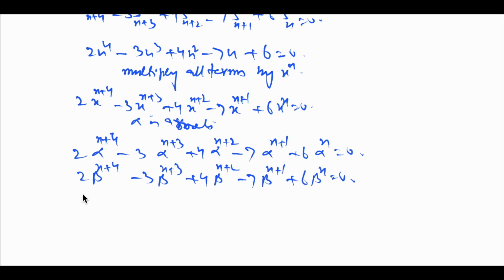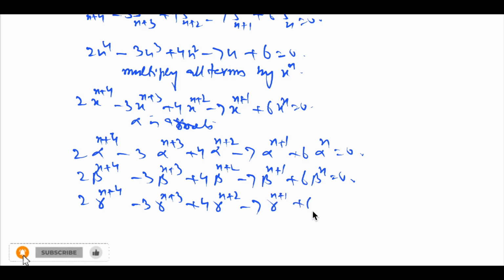Since gamma is a root, I can say 2 gamma power n plus 4 minus 3 gamma power n plus 3 plus 4 gamma power n plus 2 minus 7 gamma power n plus 1 plus 6 gamma power n is equal to 0.